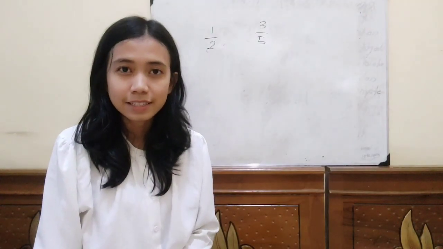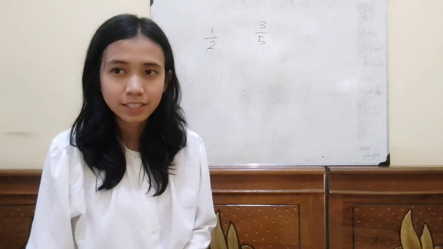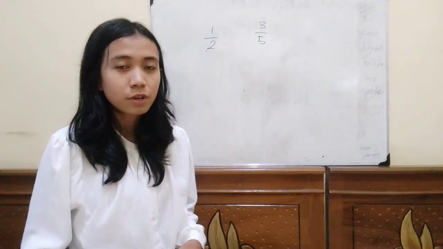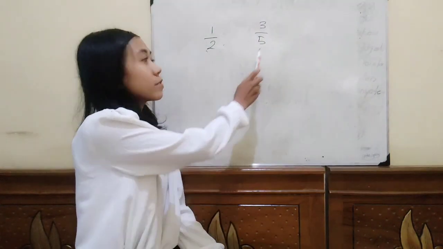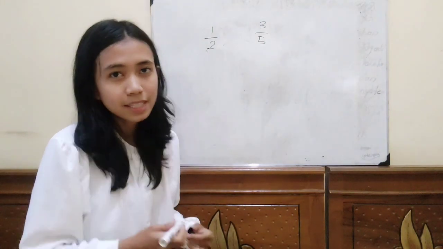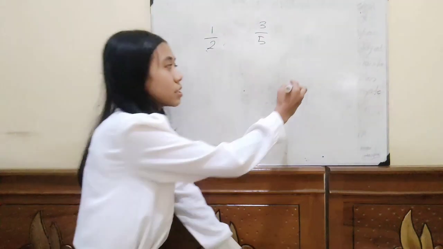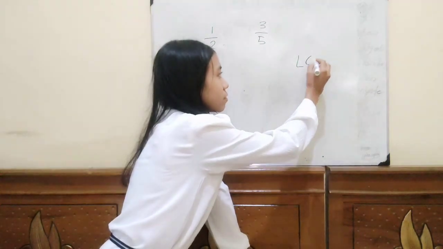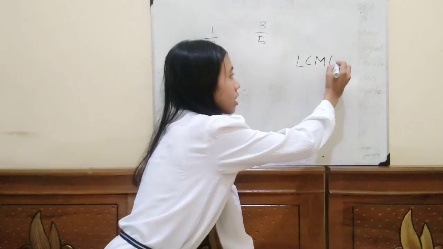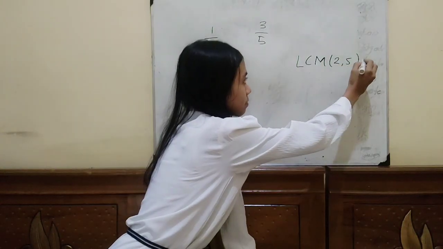Next is adding and subtracting fractions. For the example, we use these fractions. The first step is to make the denominators the same. We know the LCM of 2 and 5 is 10.